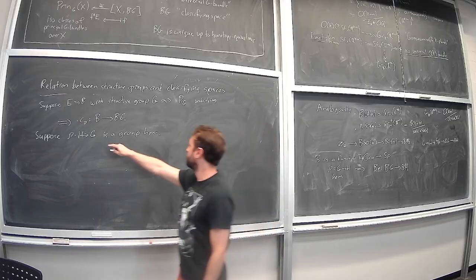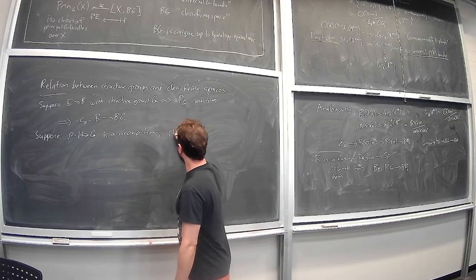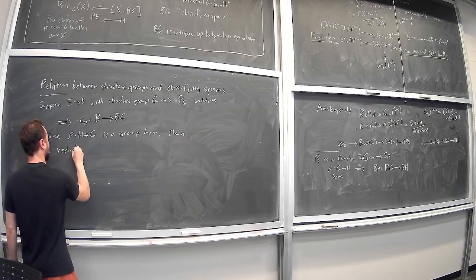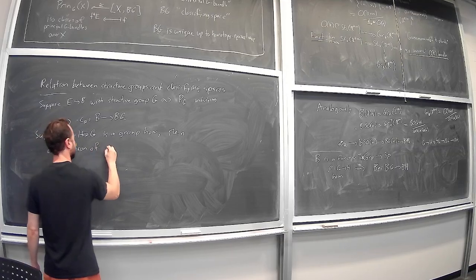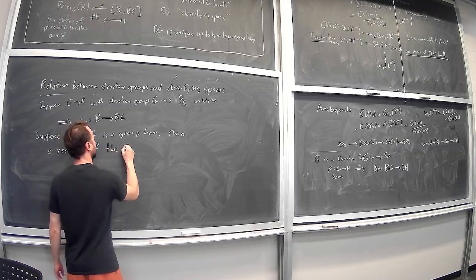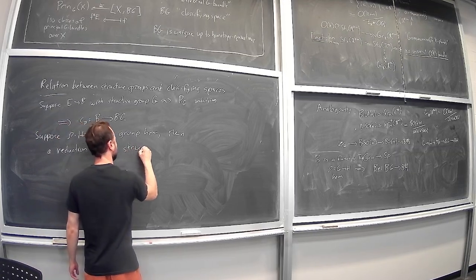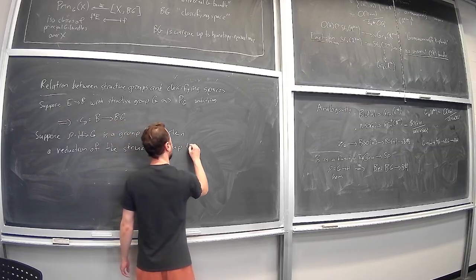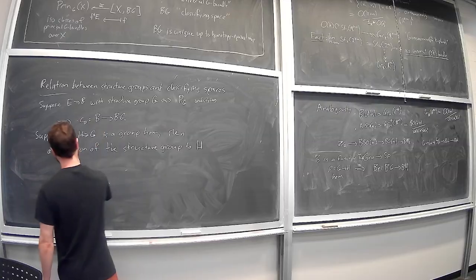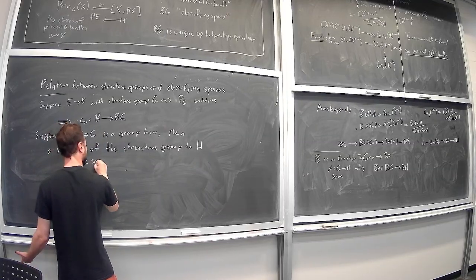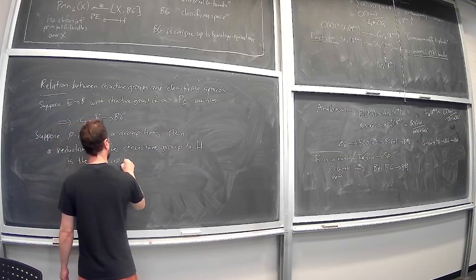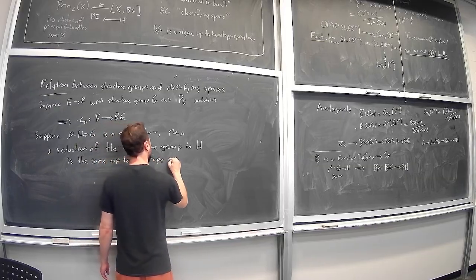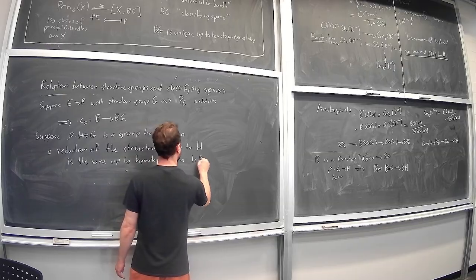So if we take a group homomorphism, then a reduction of the structure group from G to H, along this rho, is the same up to homotopy as a lift.